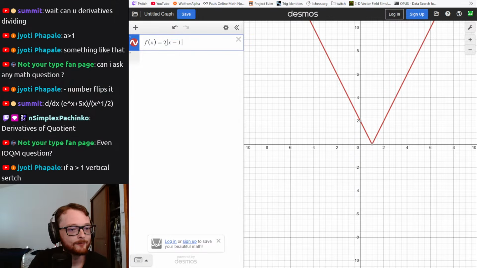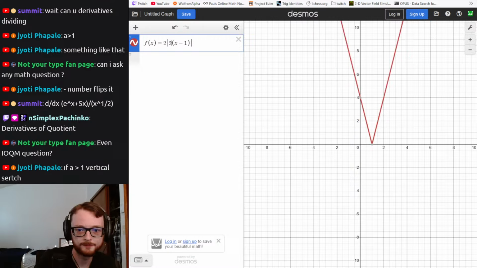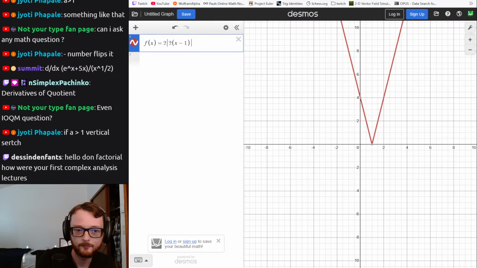And that's also why this is a vertical stretch and not a compression. Whereas if I put a 2 here, I think it would be a compression. It would be a horizontal compression. Maybe not.